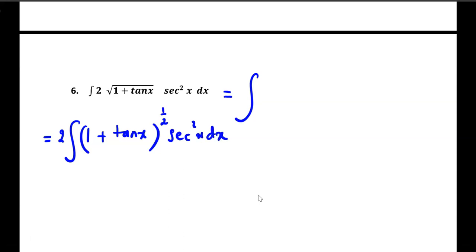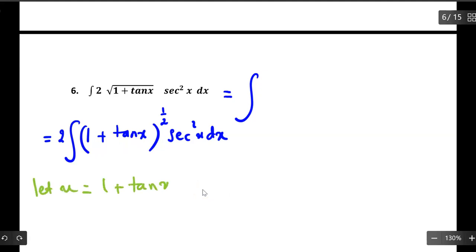Alright, so if you have a function raised to a power, then you have no choice. You must let that function equal to u. If you let this function equal to u, I will let u equal to 1 plus tangent of x.